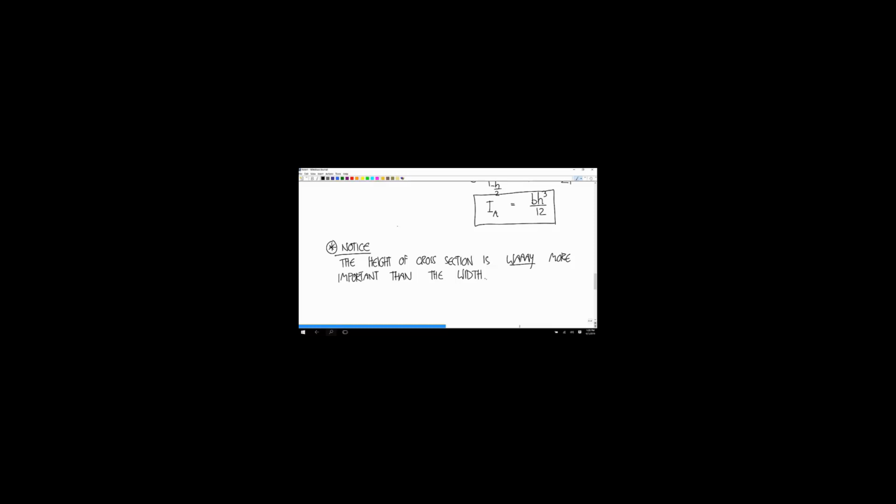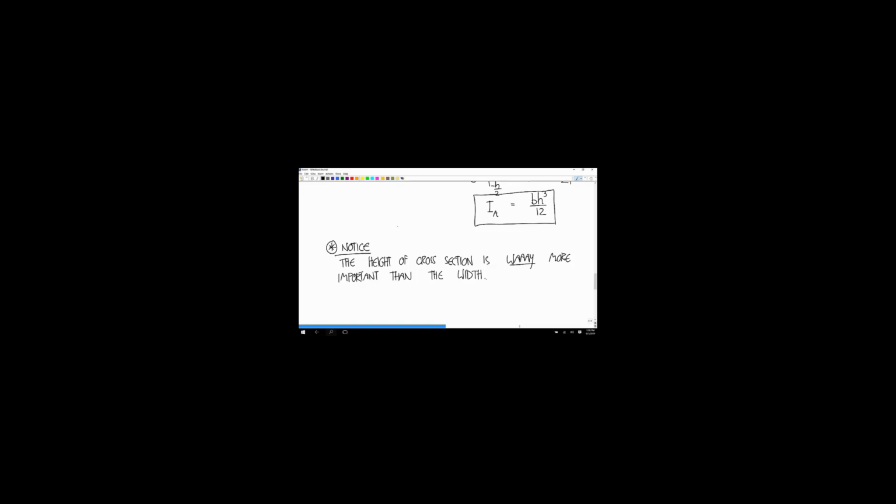But if you take the same material and turn it like this, now the base is tiny, but the thing that you cube is big. And so you get many, many, many times more resistance to bending in this orientation than in this one.